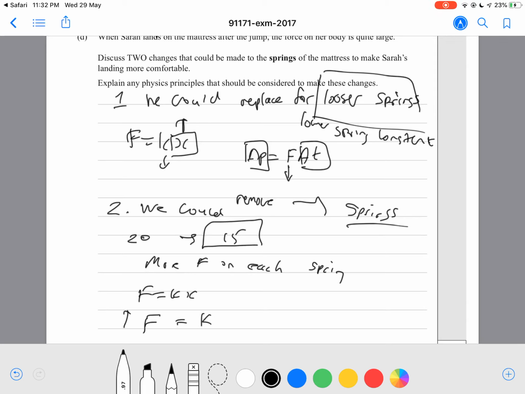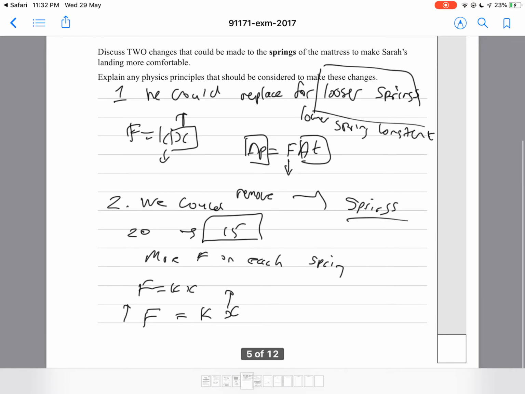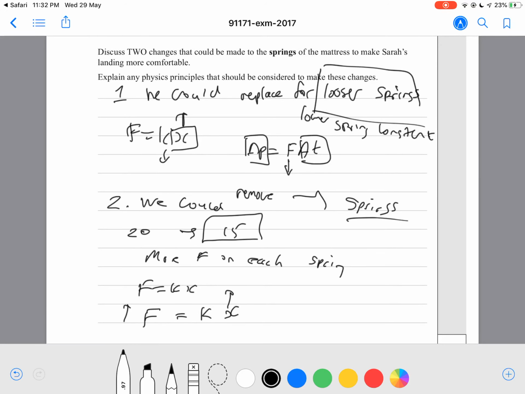The K has stayed the same, so each spring's spring constant stays the same, therefore x must also go up in order to match the force going up. And if the compression distance increases, then it increases the stopping time. And if it increases our stopping time and the change in momentum remains the same, then the force decreases.